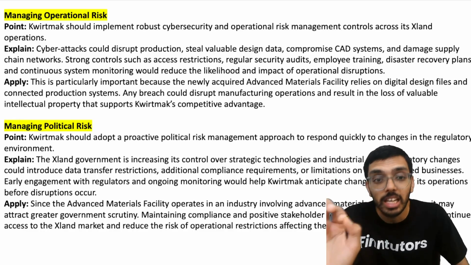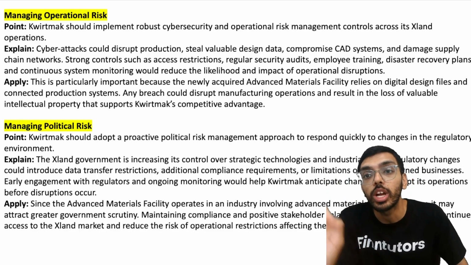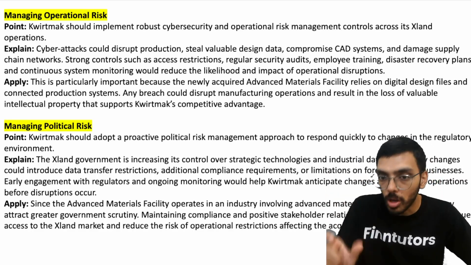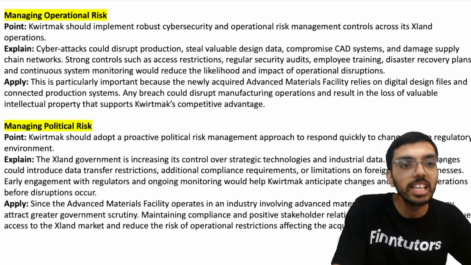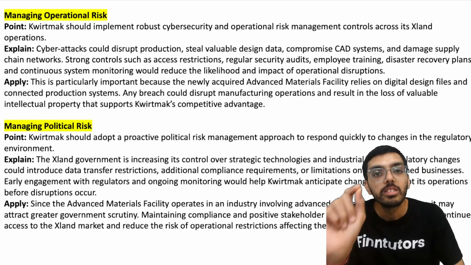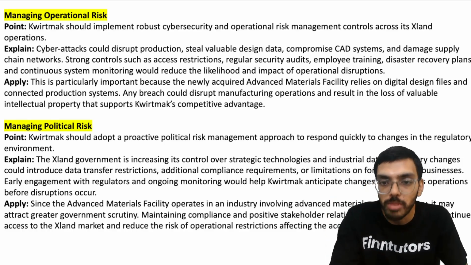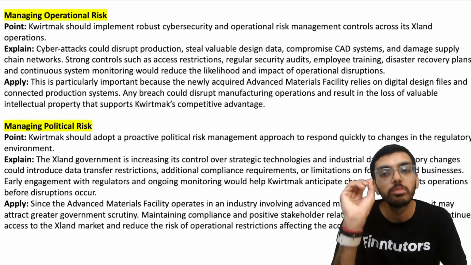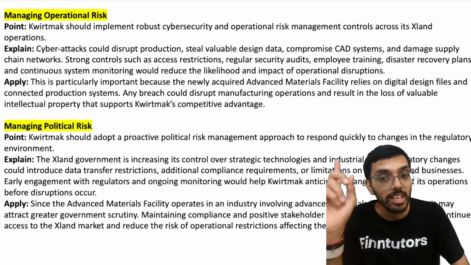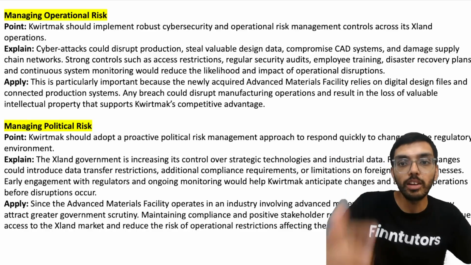They very clearly said, recommend how it should be managed. So I am picking the action verb recommend, and I am very clearly telling them to please implement robust cybersecurity and operational risk management controls. If you write this much, you get very limited marks. Because remember, I have to write 5-6 sentences. So let's take it forward.